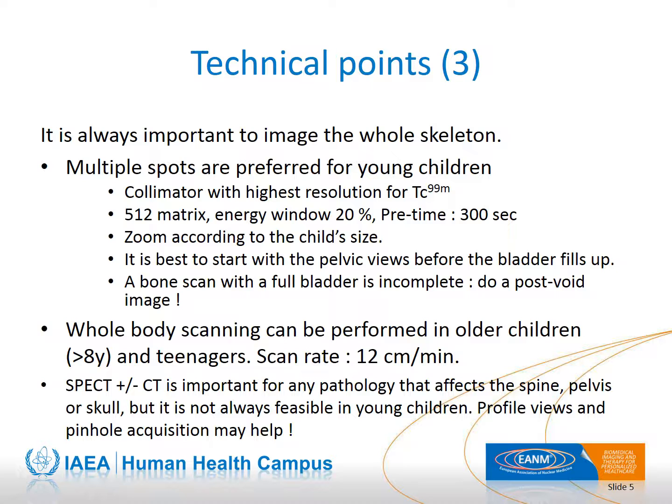The energy window is 20%. The pre-time is usually 300 seconds. A zoom may be used according to the child's size. Don't forget to begin with the pelvic view before the bladder fills up.